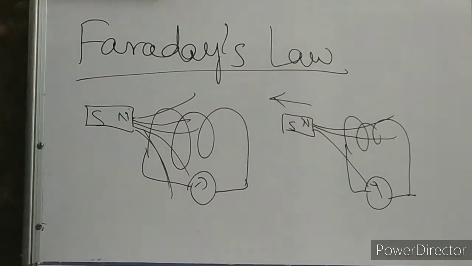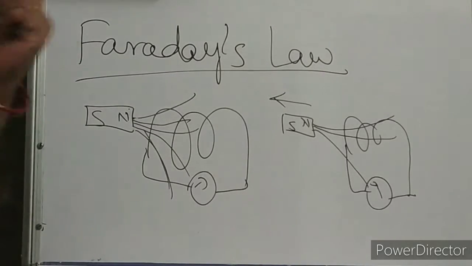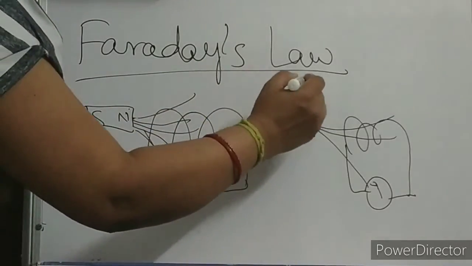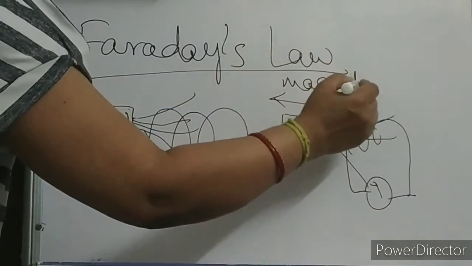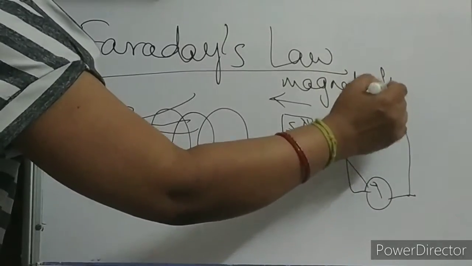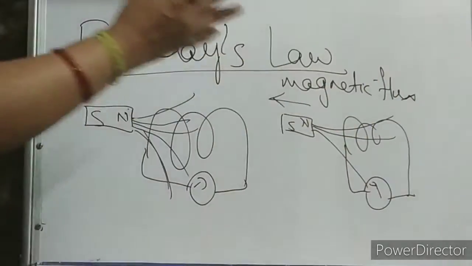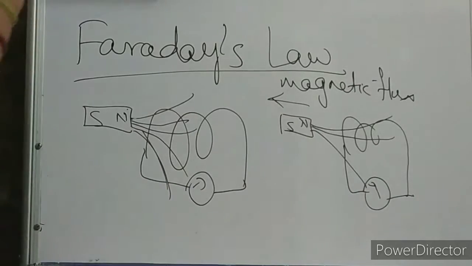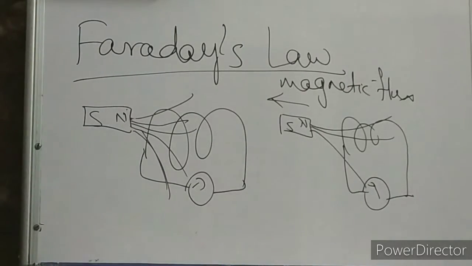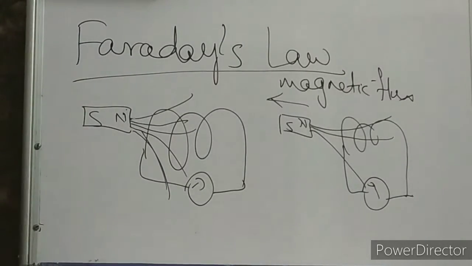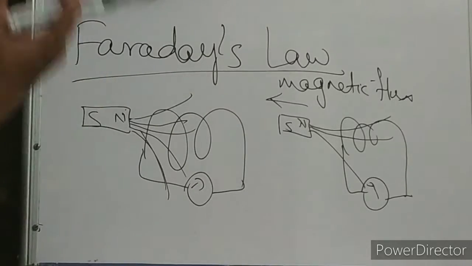In detail you are going to study this in class 12th. When magnet and coil are at rest with respect to each other, then magnetic flux is constant. Magnetic flux is the total field lines passing through a given area, and you will also study it for a closed surface.